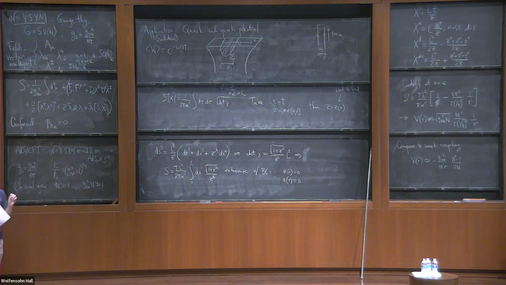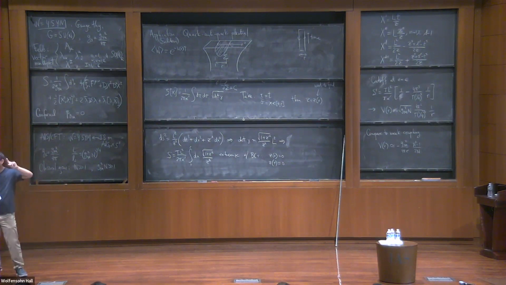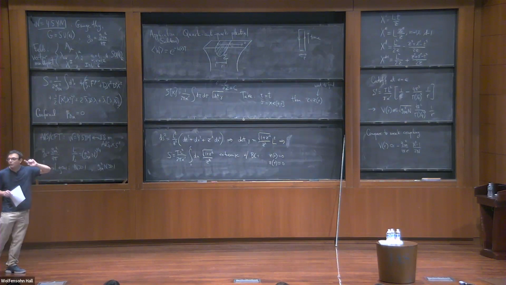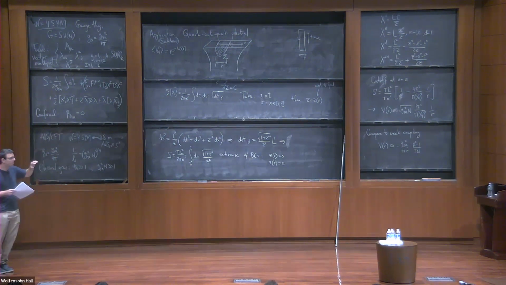One thing one can do is to take the string to lie at a fixed point on the S5, and then it would not move in the S5, and it would not contribute to the action. However, that would not correspond to the pure Wilson loop that I wanted to compute. It would correspond to the Wilson loop with an extra coupling to scalar fields.